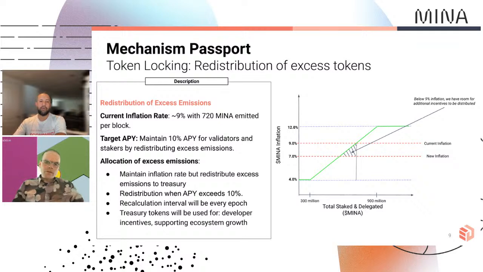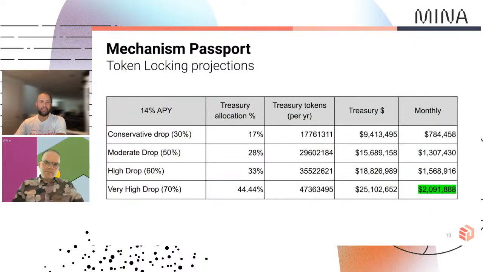If we look at what it means in numbers, we see that if we target a 14% APY, which is a little bit aggressive, and expect a 30% drop in the participation for stakers, so 30% of the stakers would decide to do other things with their tokens, then we can guarantee a 14% APY for the 70% remaining stakers, which also means that we can allocate 17% of those 720 Mina tokens per block to replenishing the treasury.